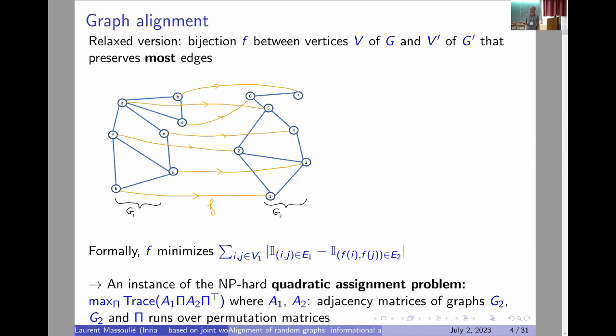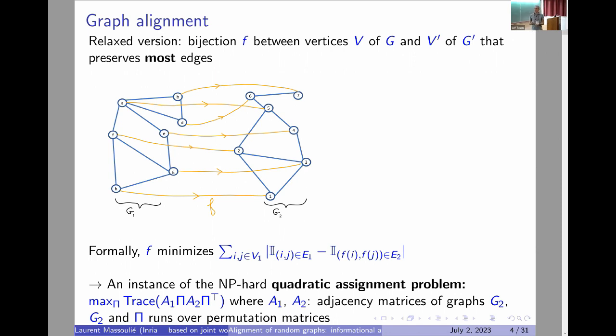So pi would capture the mapping you are considering. A2 is the adjacency matrix of graph 2, and pi transpose is the permutation matrix associated with the reciprocal of the permutation associated with pi. So it's a simple exercise to see that what we're trying to do here is to maximize the trace of this matrix.